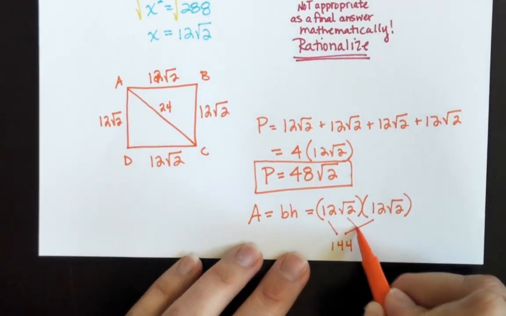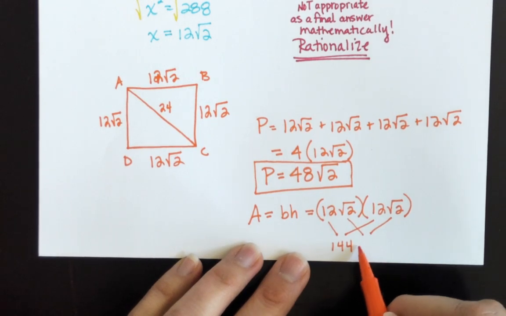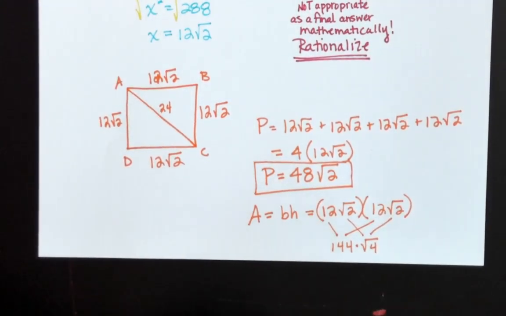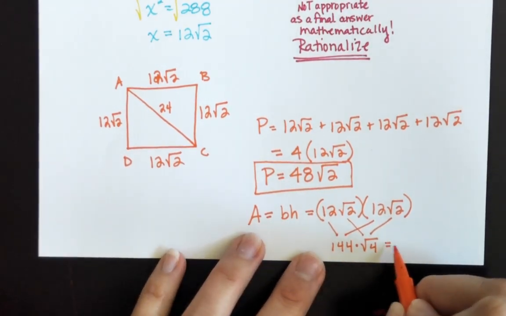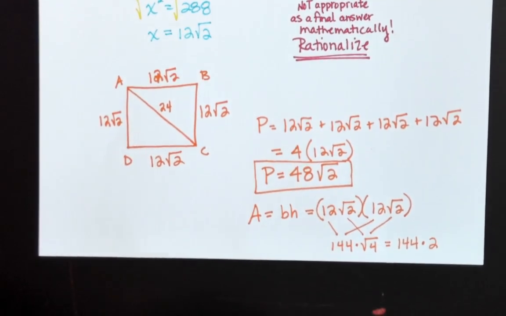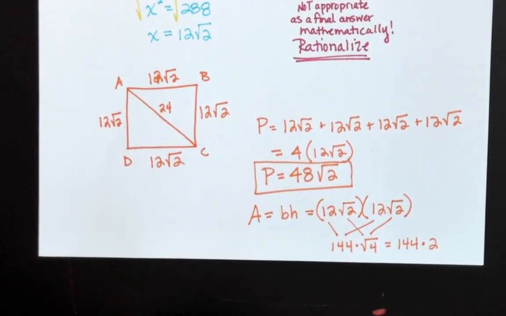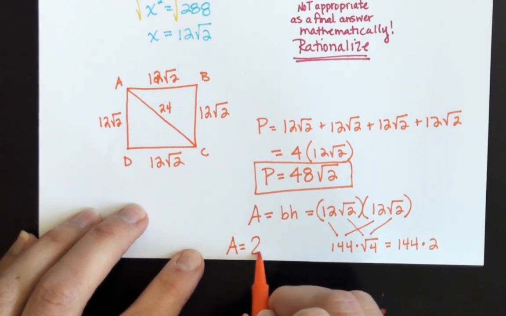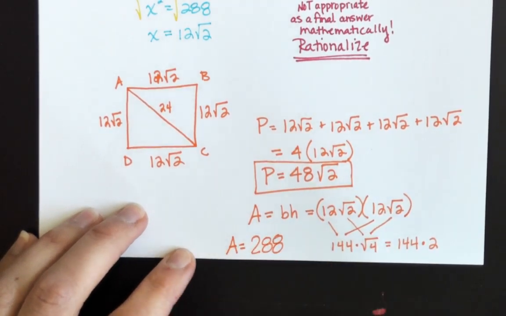Radical 2 times radical 2 is going to be the square root of 4. Well, the square root of 4 is 2. So we find that our area is 288.